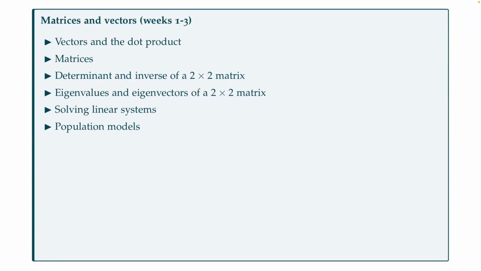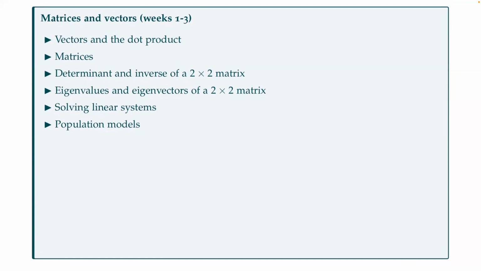Okay. So I'm going to start by just summarizing some of the materials. We started off in the first few weeks talking about matrices and vectors, and we introduced the idea of a vector and a dot product. You will be very familiar with vectors now, but remember with the vector we have this notation here, arrows over the top, and this represents the dot product between 2 vectors u and v.